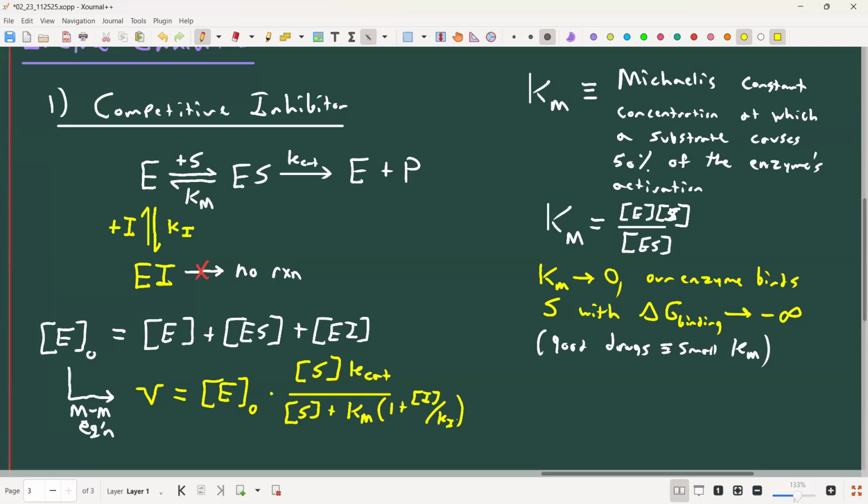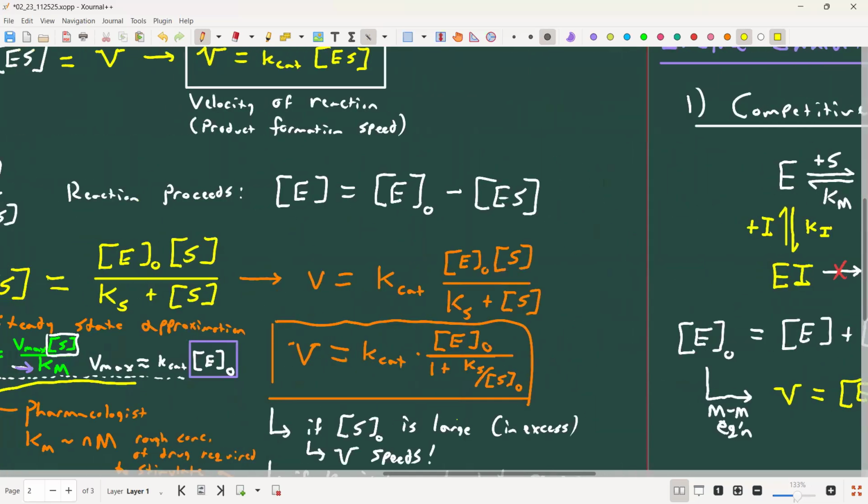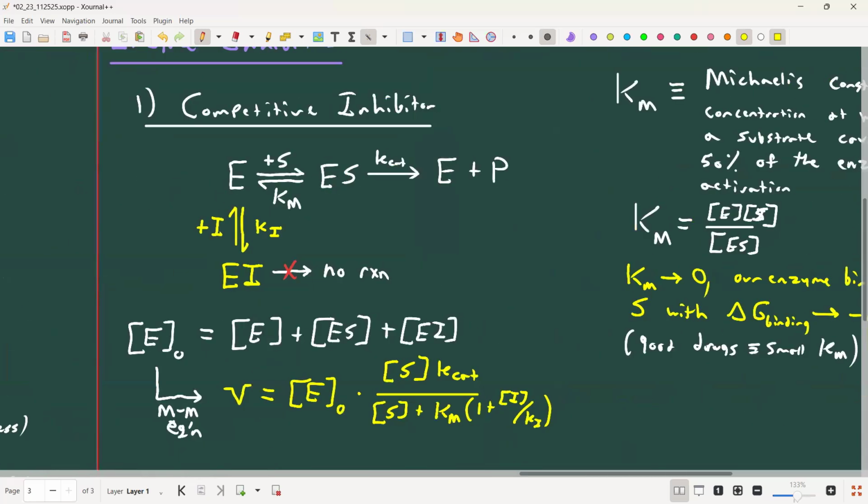We go back to the equation that we had on the previous board, which was no inhibitor. Let's look at that velocity. Here it's proportional to K cat times the enzyme concentration divided by 1 times something dependent on Ks. Ks has something to do with the binding efficacy. So what do we have in this case? Now we have E0 K cat.